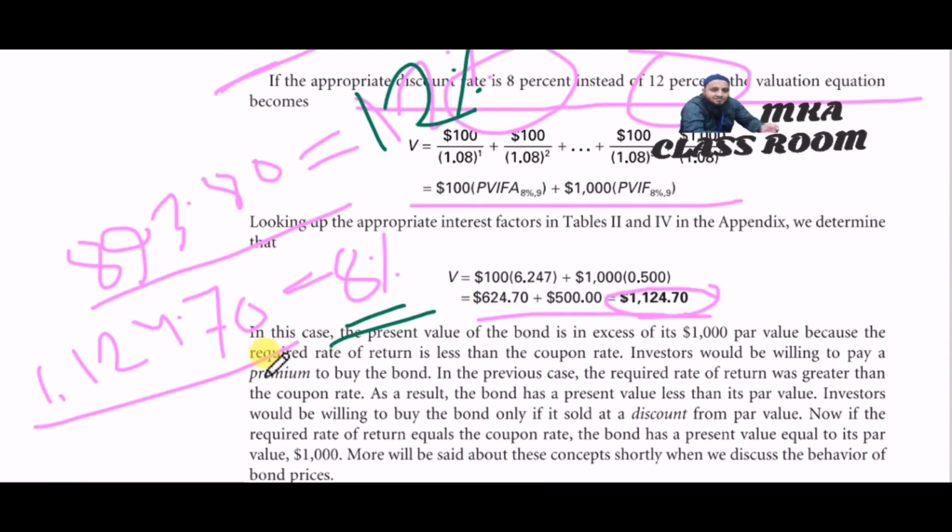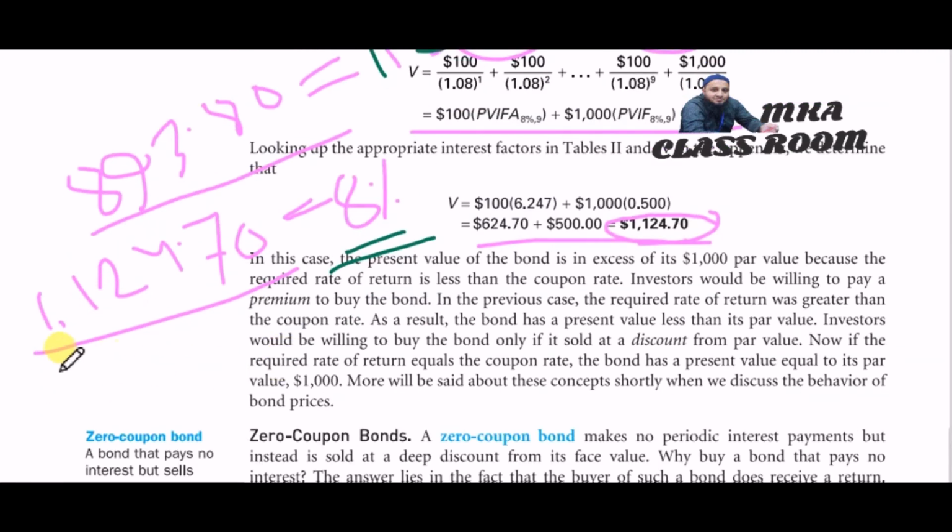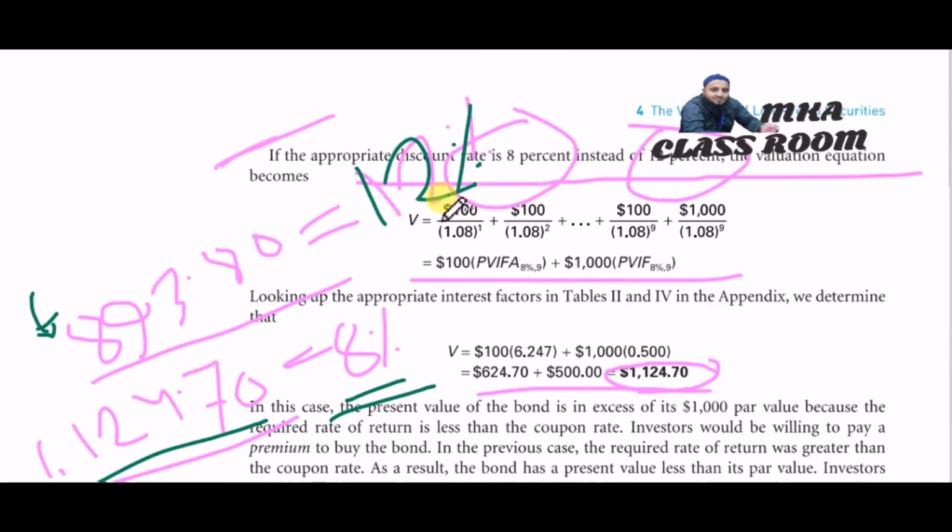So here we see this bond is selling for more than its par value. So that is a premium bond. In the earlier case it was selling at a discount, because our required rate of return was 12%, but this bond gives only 100 while our required return should be 120 per year.